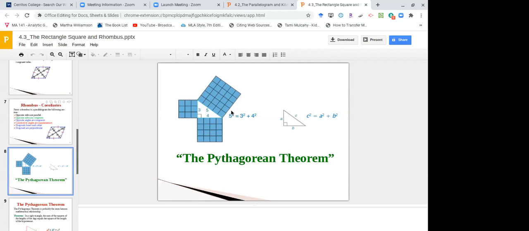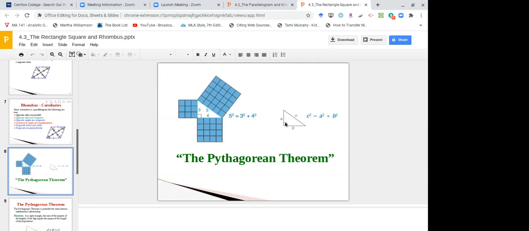You've used the Pythagorean theorem in algebra. Pythagorean theorem applies to right triangles. So the leg squared plus the leg squared equals the hypotenuse squared. A squared plus B squared equals C squared, or C squared equals A squared plus B squared.